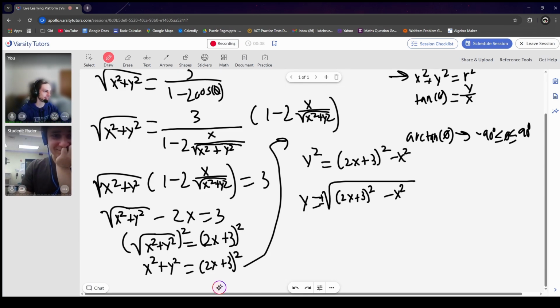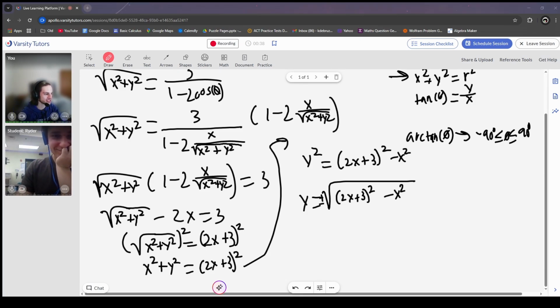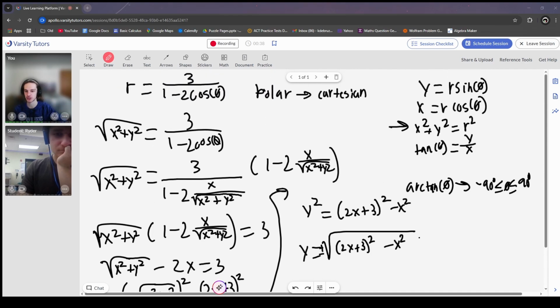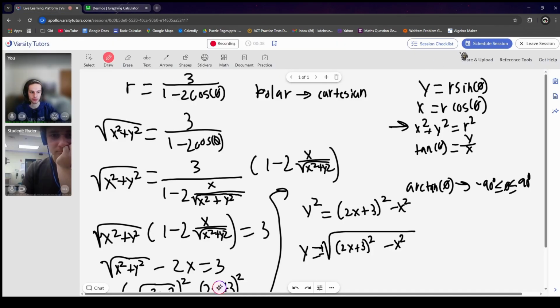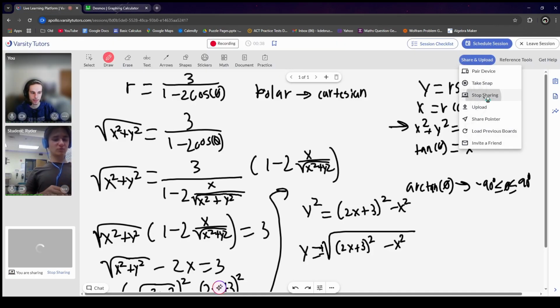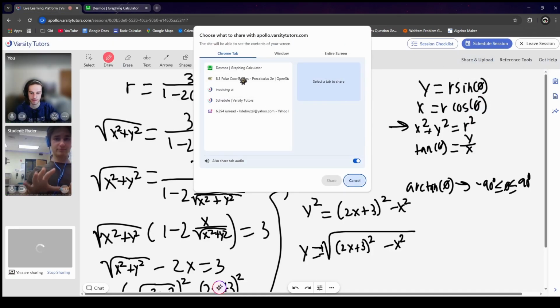Yeah, so this is kind of what I mean, where certain equations are really good in certain forms, certain curves. Let me share my screen with you. And this one should not be in Cartesian, that's for sure.